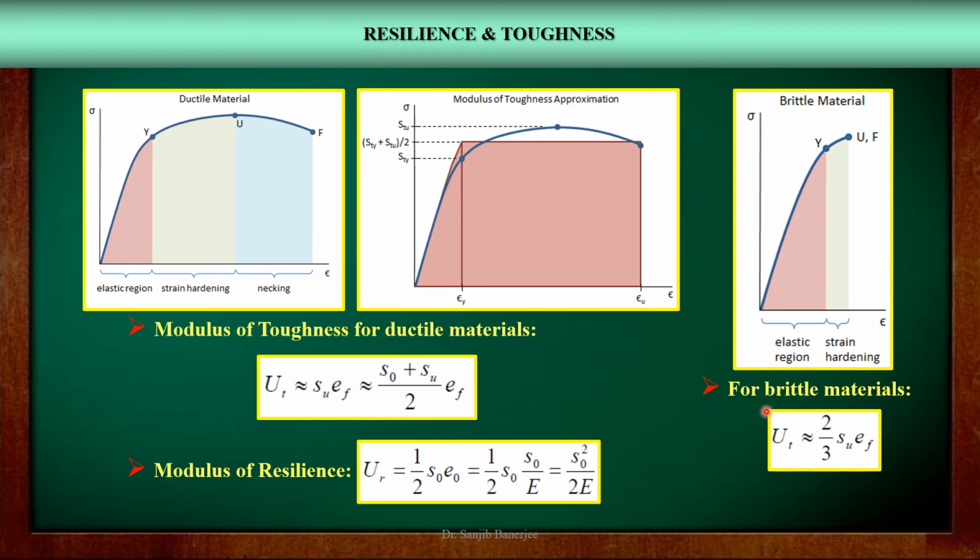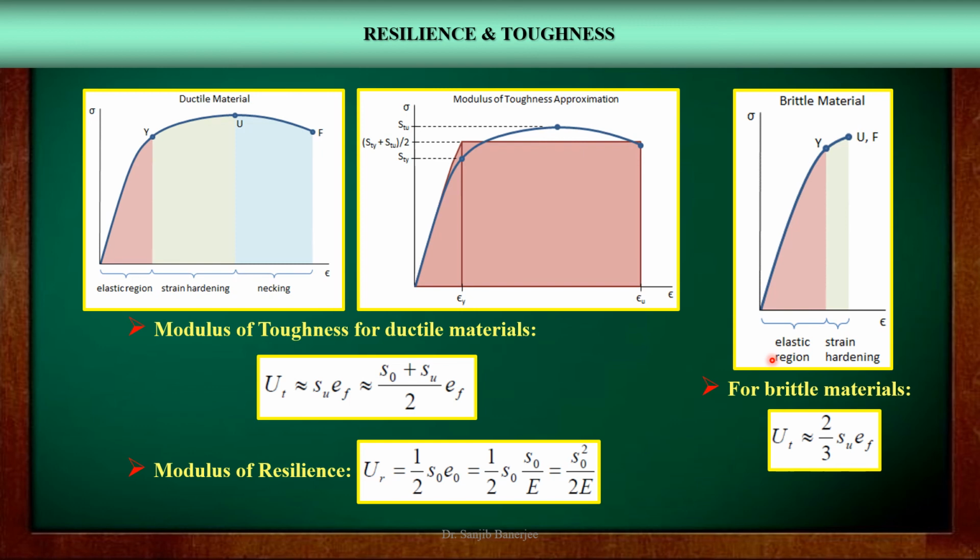Coming to the brittle materials, we know that unlike ductile materials, for brittle materials, the plastic deformation is negligible. So, this figure shows the typical stress-strain curve for a brittle material.